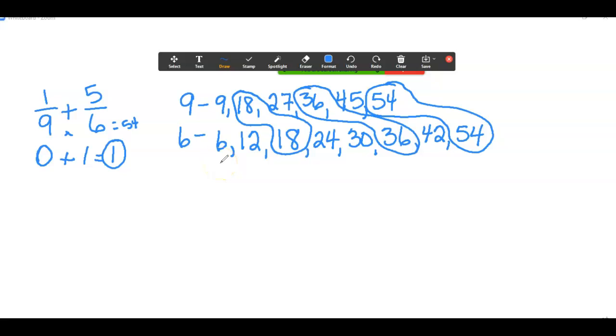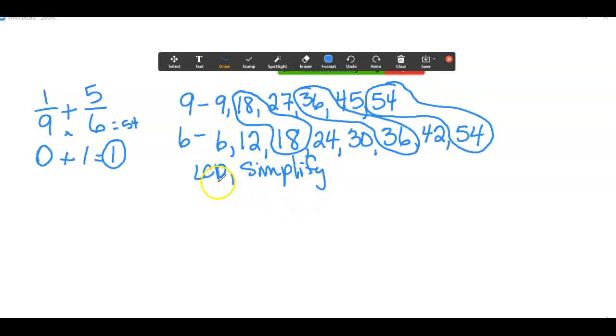But if you do that, you absolutely positively will have to simplify, okay? So if you find this lowest common denominator, then chances are you won't have to simplify. So it's either find the LCD or simplify, one or the other.